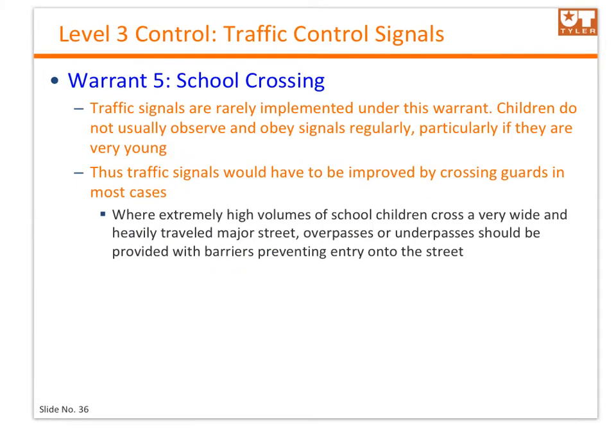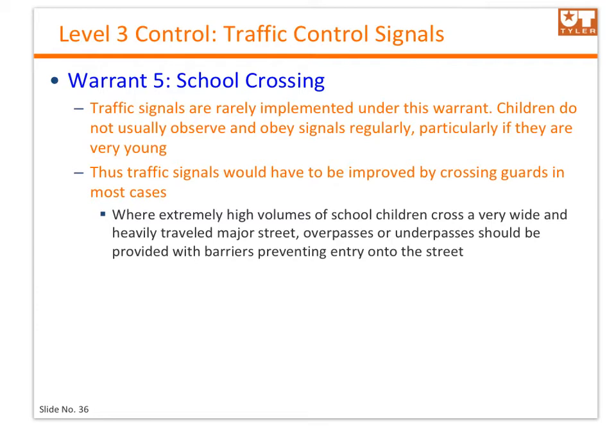But one of the things here when it comes to that warrant, school crossing, is that traffic signals are rarely implemented under this warrant. Why? Because children do not usually observe and obey signals regularly, particularly if they are very young. So if lots of kids are crossing the street and we need to improve the situation, we can improve it by having crossing guards in most cases.